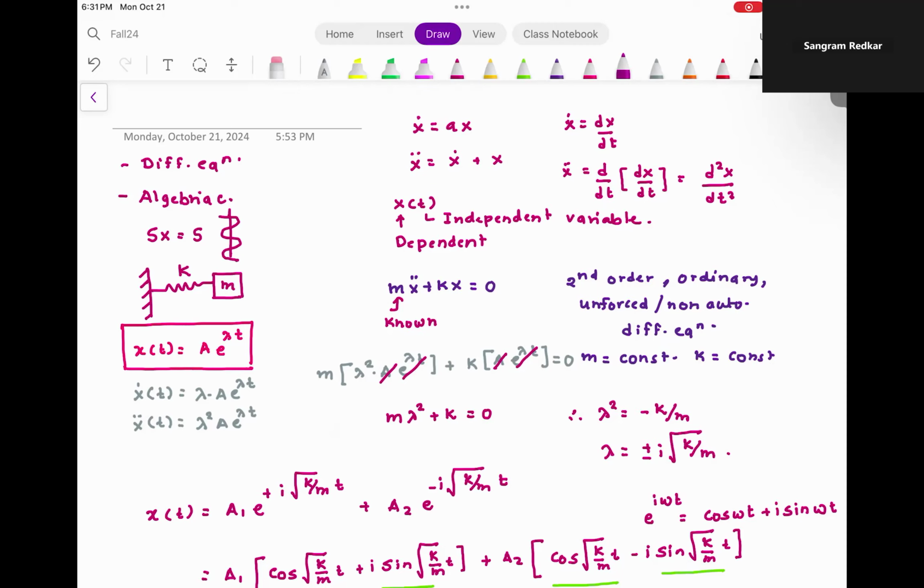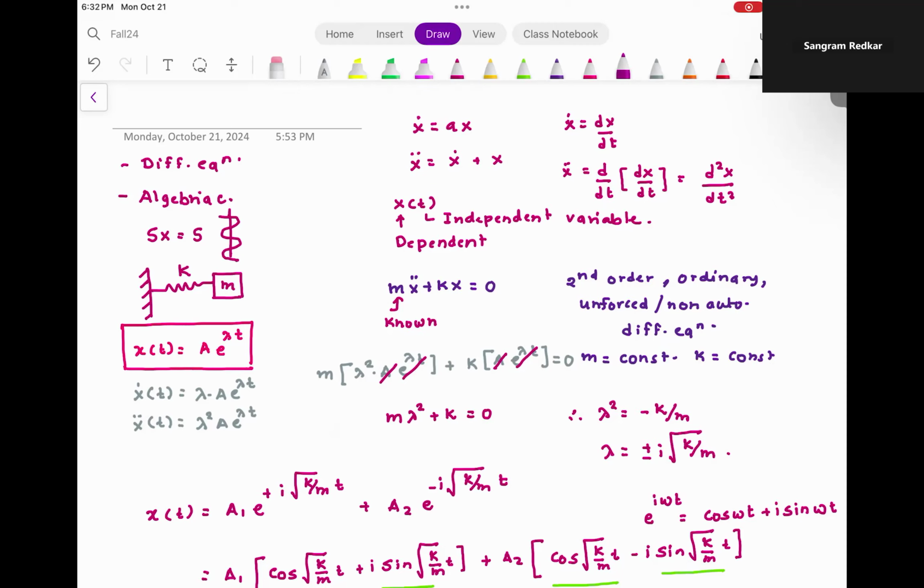And that's why I'm using those two functions. It is as simple as if you have a simple harmonic motion, if you assume that motion to be sine, the equation will be satisfied. If you assume that to be cosine, the function will be satisfied.